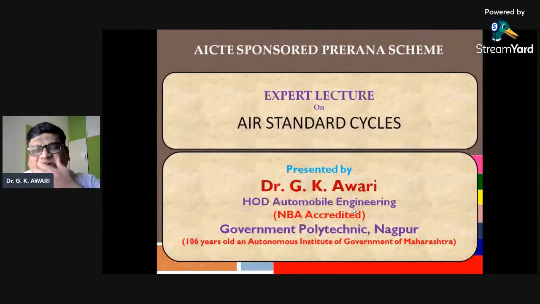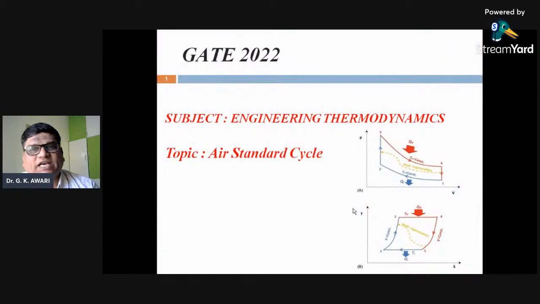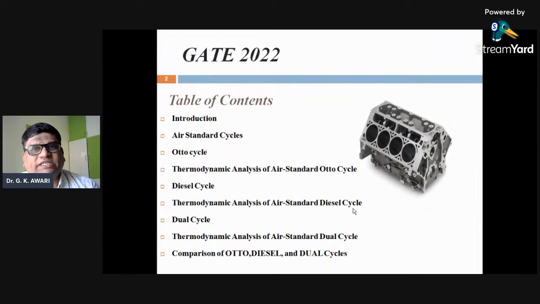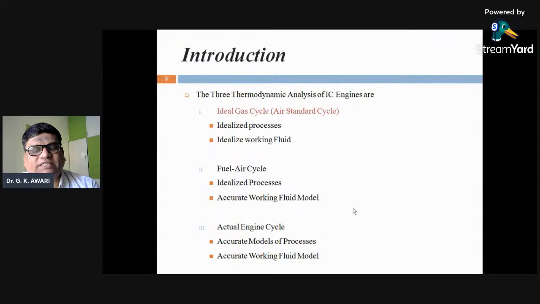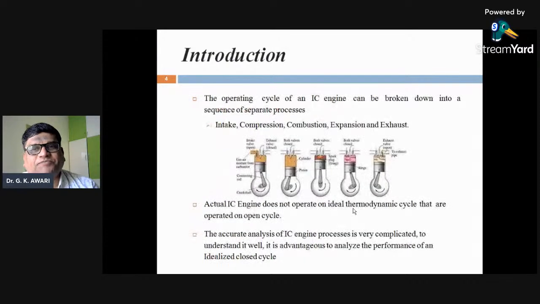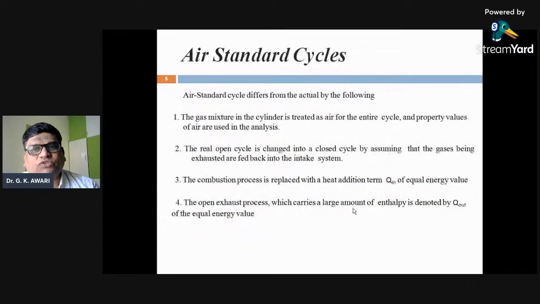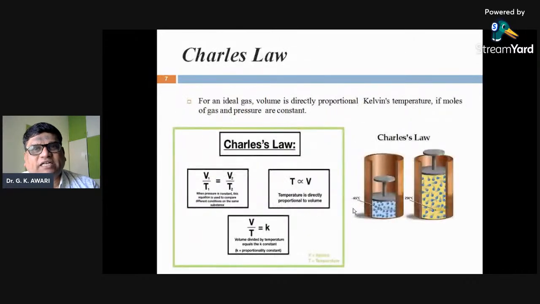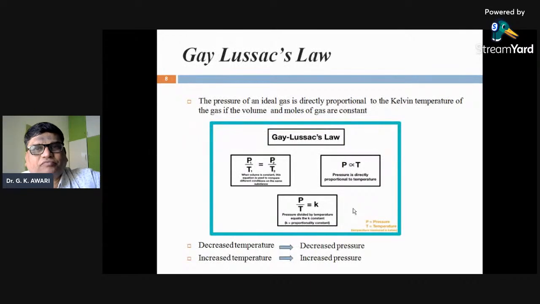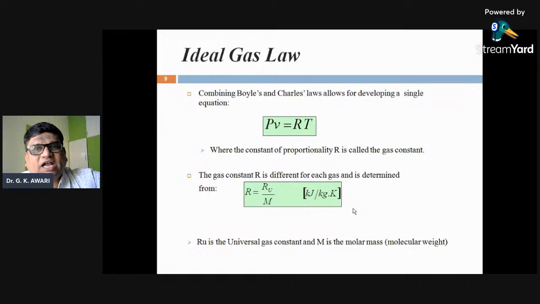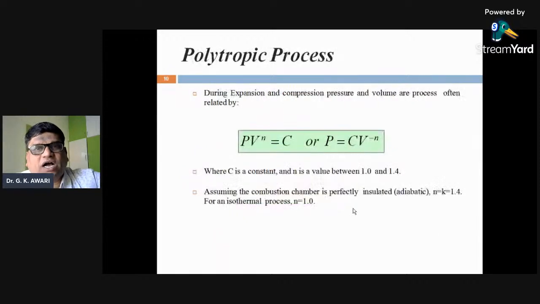So this is what we started yesterday with the air standard cycle. We studied the IC engine application, thermodynamic analysis of the IC engine, then the four-stroke engine and how the cycles work. Then we also studied the basics: Charles's law, Gay-Lussac's law, and the ideal gas law, PV equals RT.